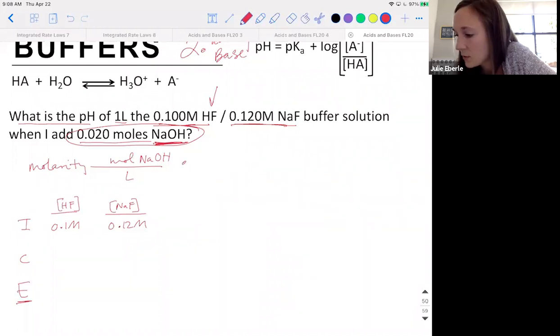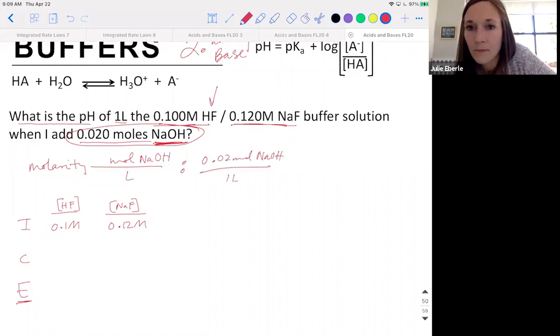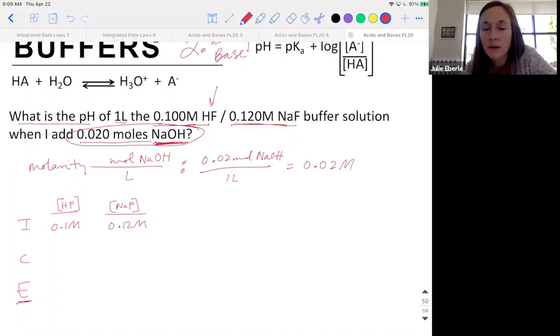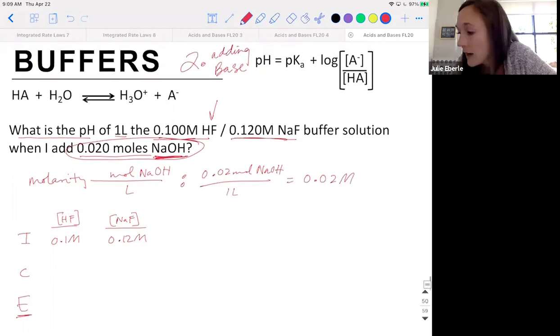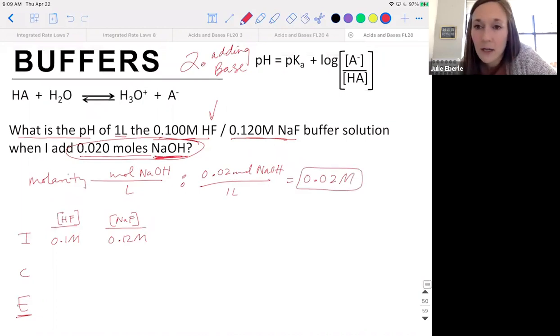So that equals 0.02 moles NaOH divided by 1 liter, and our molarity would then be 0.02 molar. That's the concentration of base we're adding to our buffer.